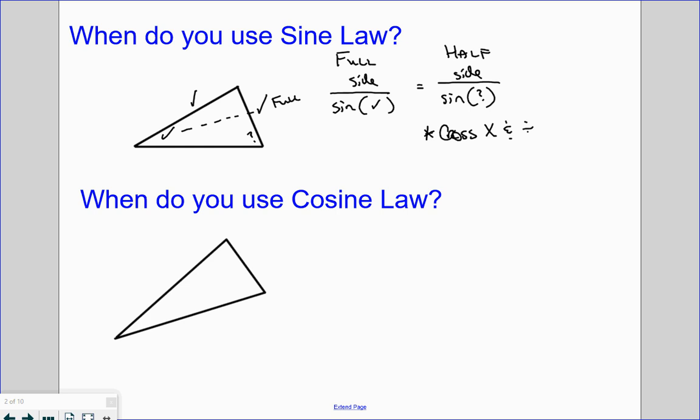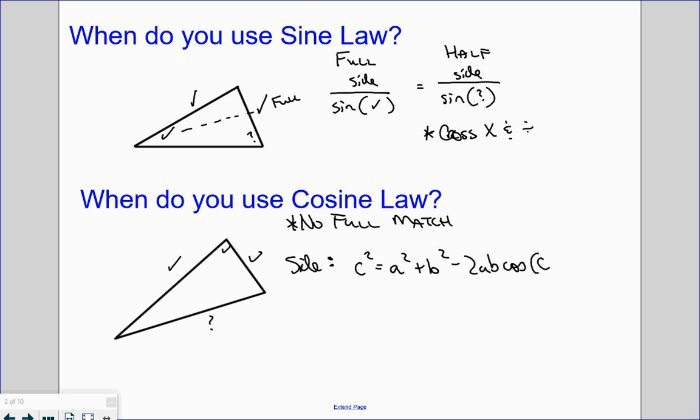Okay? So when do you use cosine law? You have no full matches. If you're looking for a side length, so let's say we're looking for this guy right here, that would mean that you know this one, you know this one, and you know this one. So you would go c squared equals a squared plus b squared minus 2ab cos c.